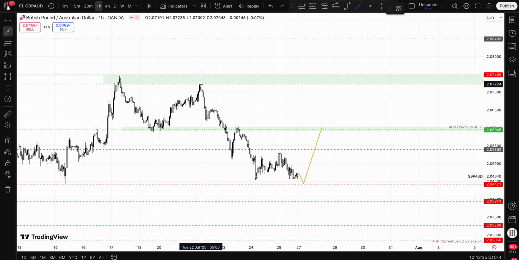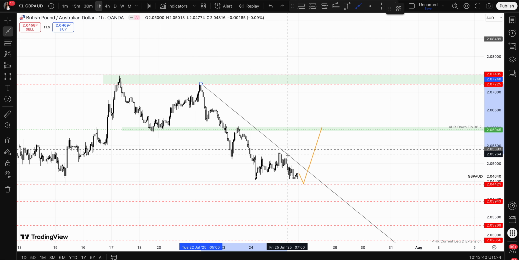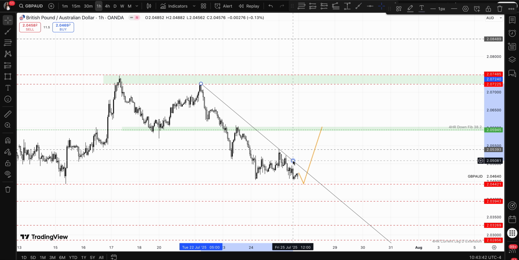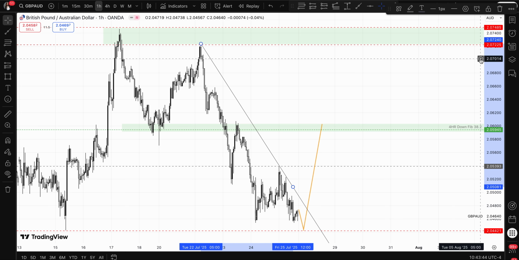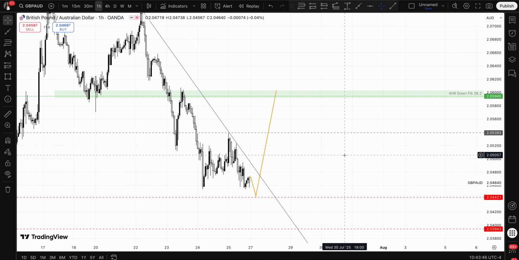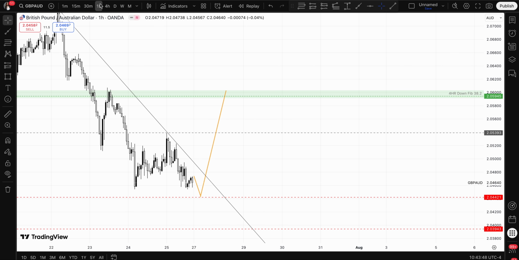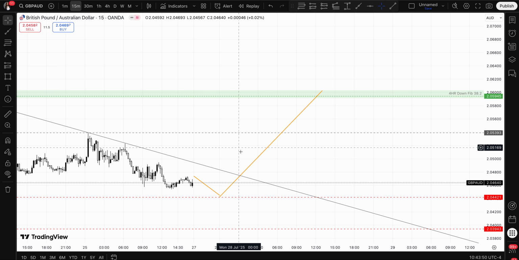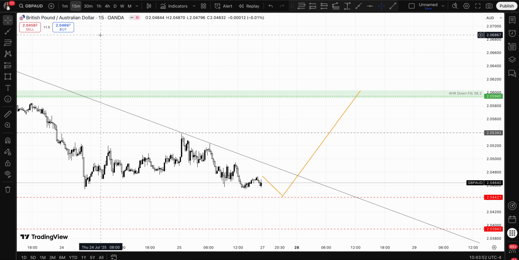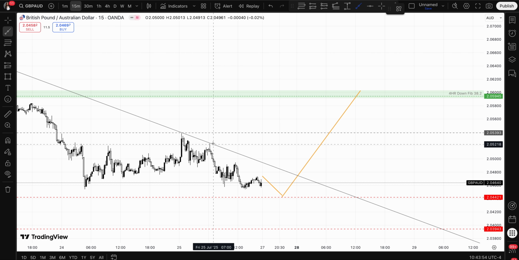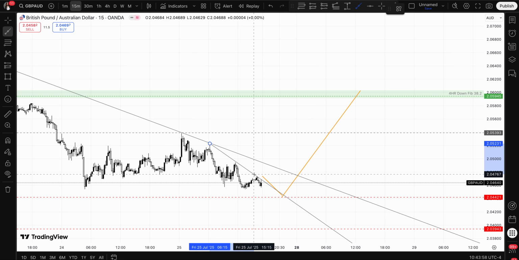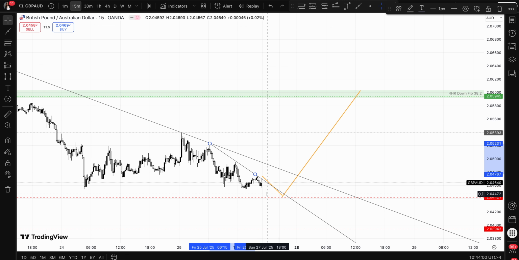I'm going to go from my swing high to my next swing high without cutting through candles, right? And then I'm going to go down a time frame because I really want to lay this out. We'll go down to the 15. And I'm going to go from here to my next touch without cutting through candles.